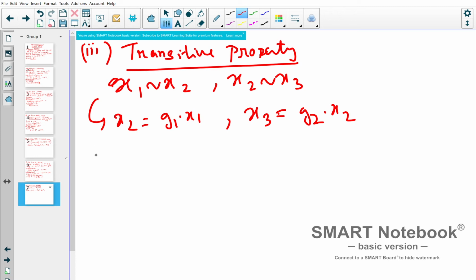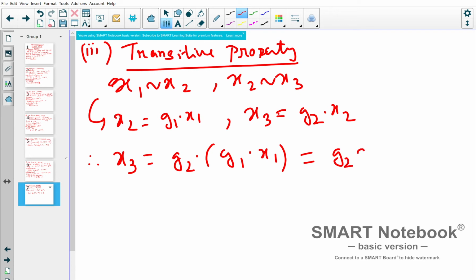So you can write x3 is nothing but g2 dot x2, where x2 equals g1 dot x1, right? And hence you can use the second property of the group actions, which tells you it is nothing but g1 g2 dot x1, right? And thus x1 is related to x3.